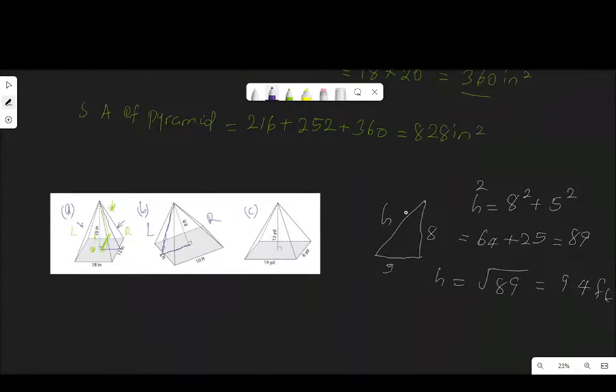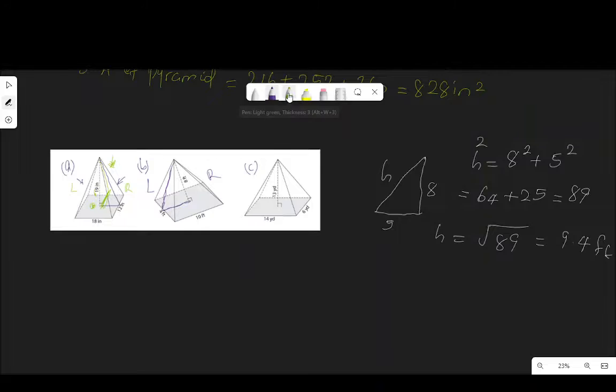Now to get the height of the front and back triangle, if I draw a line like this, it will form the base. Unfortunately there's no way I can draw this here.